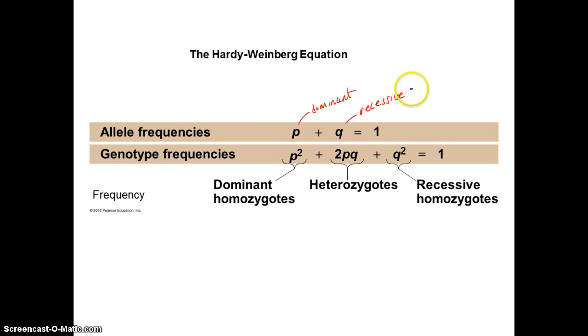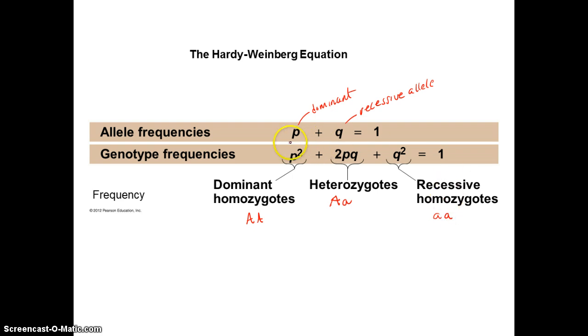Now, p squared represents homozygotes, so say, for example, two dominant. And heterozygotes are represented by 2pq, in other words, big A, small a. And q squared represents the number of recessive homozygotes, in other words, small a, small a.